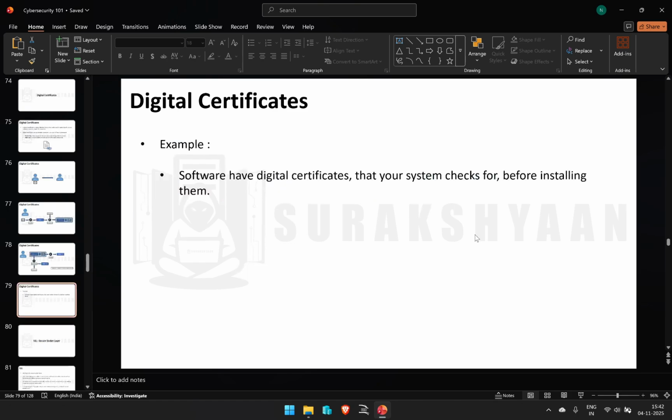Another example is whenever you install a third-party software on your system, your system identifies the developer of that application using digital certificates. If you are a macOS user, you must have noticed a lot of times macOS prevents you from installing third-party software, and it gives you a pop-up saying the developer of this application or software cannot be verified.